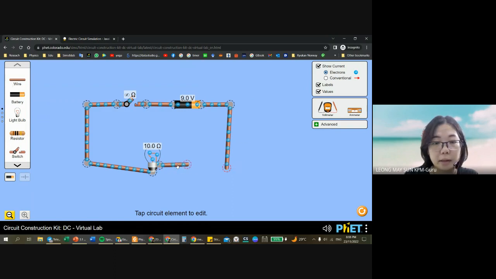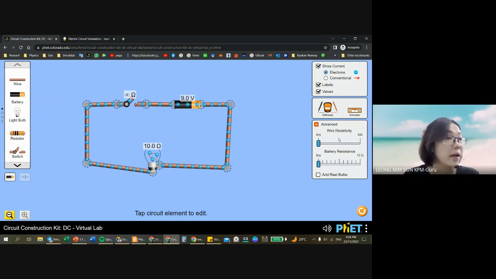Assuming ideal cases. Ideal cases means that the wire has no resistance and the battery has no resistance in it. This is an ideal case because in real life situations, the wire has resistance, the battery also has resistance. So over here right now, this circuit is an open circuit. Why? Because the switch is open. The switch is off.